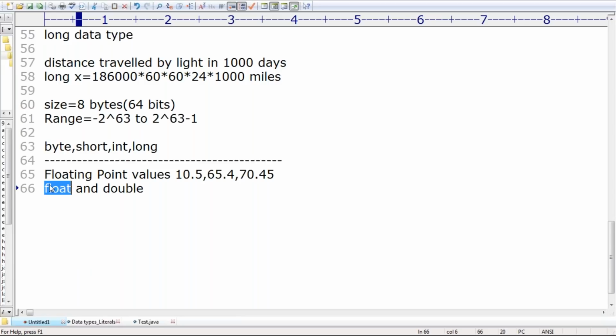Bigger floating point values, better to go for double. Yes or no? Small values float, bigger values double. Small values byte, very big values long.